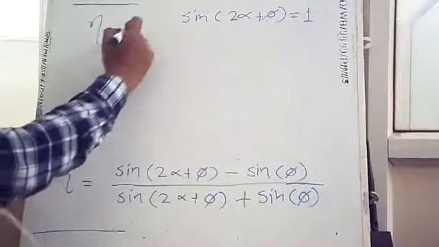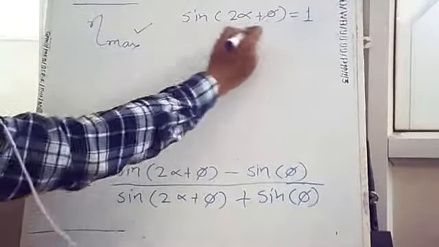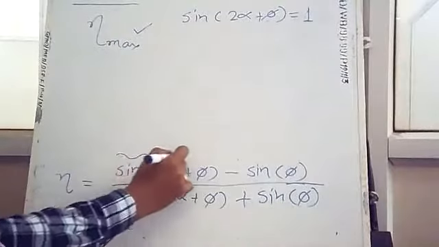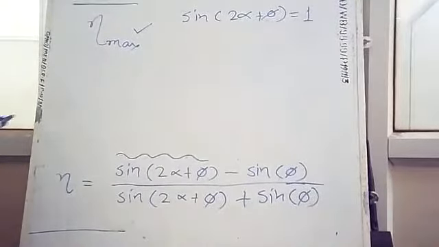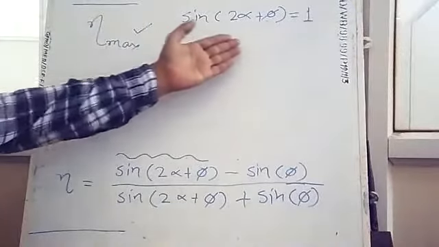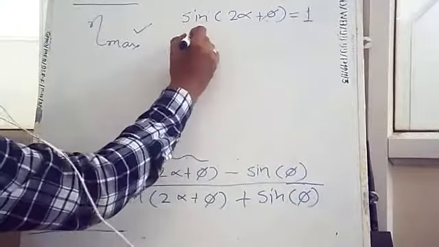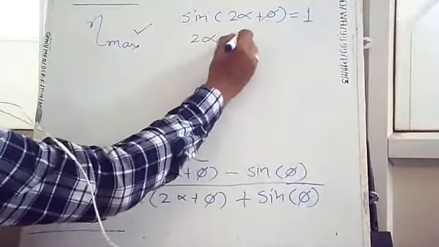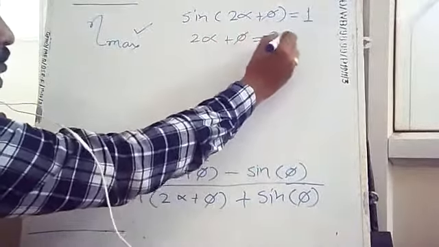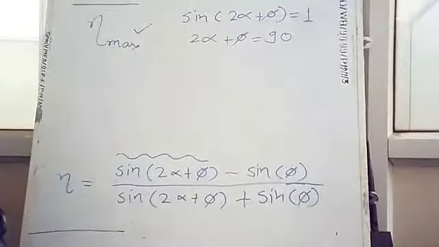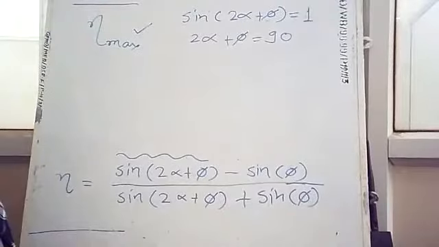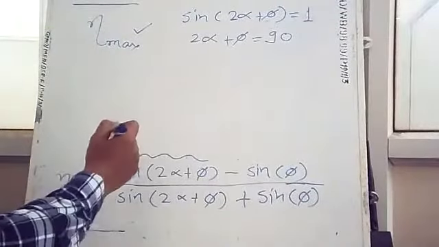What is the condition here? The maximum condition is like this: if this particular part is maximum, then only our efficiency is maximum. When the sine is equal to 1, that means the angle is equal to 90. If the angle is equal to 90, then only this is maximum.